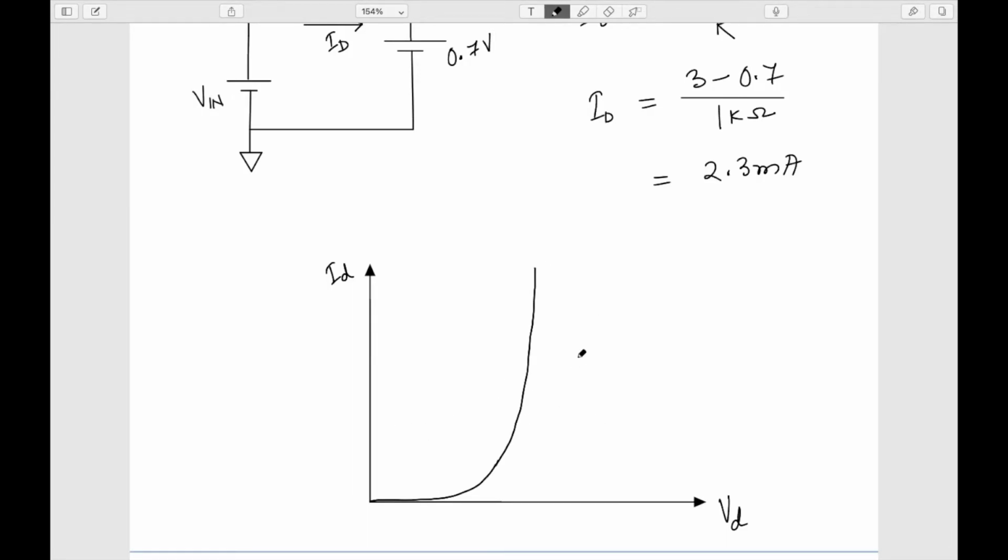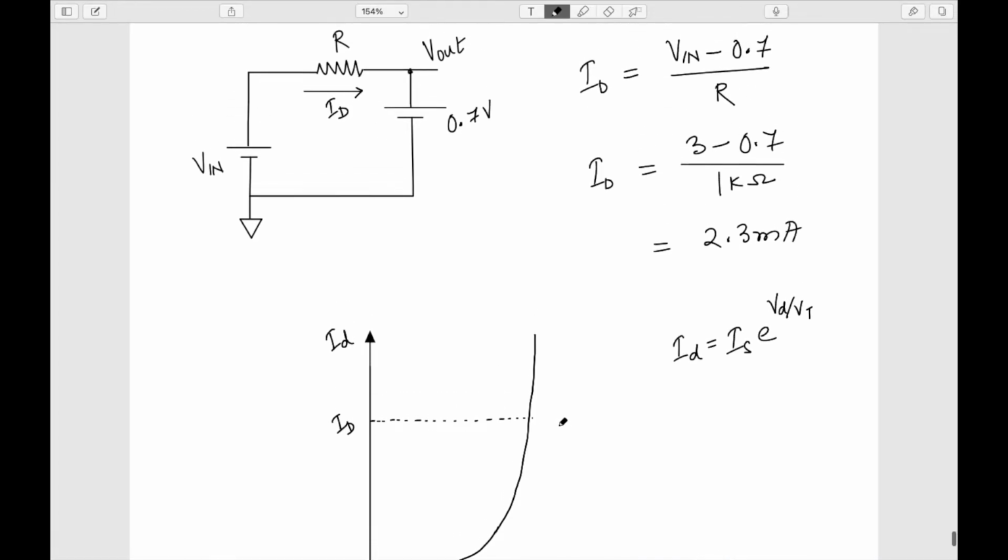We know the diode current rises exponentially: ID is equal to Is e power VD by Vt. This is the expression. As we mentioned, the DC current ID is defined by the resistor itself. So this is my solution point.